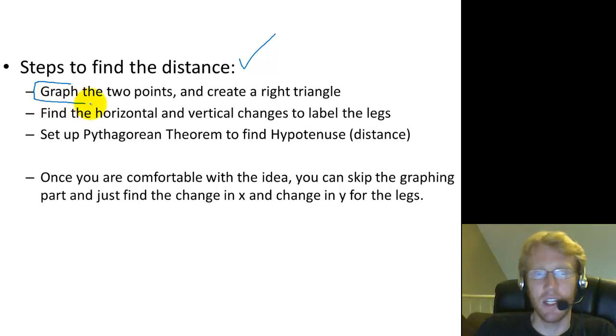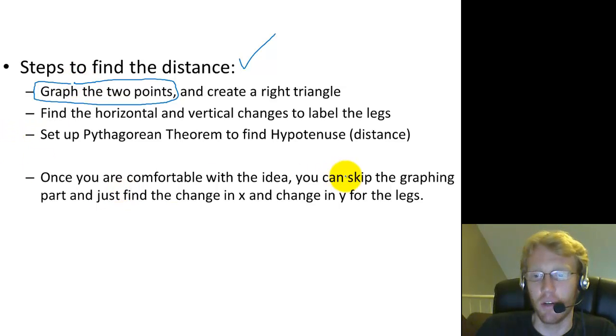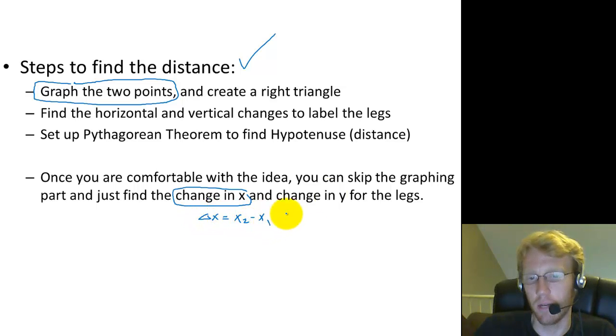Now, it's kind of tedious to graph the points and draw the actual triangle. Once you've done this a few times and you're getting comfortable with it, you can skip the actual graphing and just find the change in x, which we call delta x, which is x2 minus x1, and the change in y, which we call delta y, which is y2 minus y1.